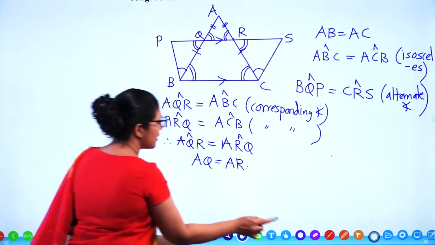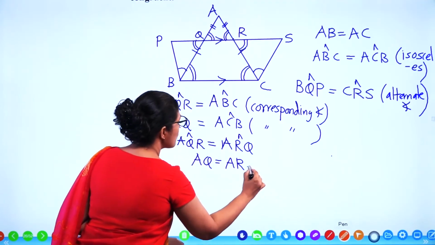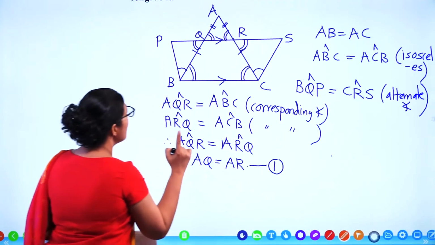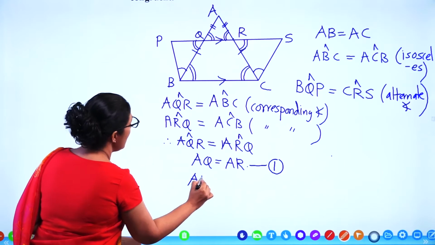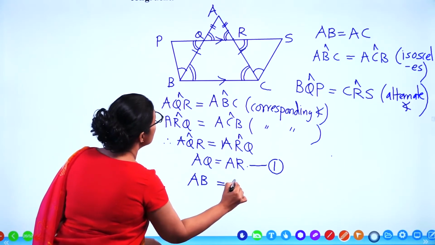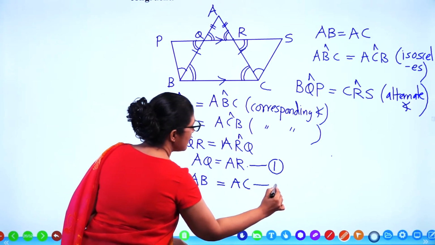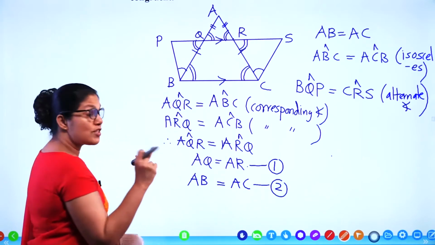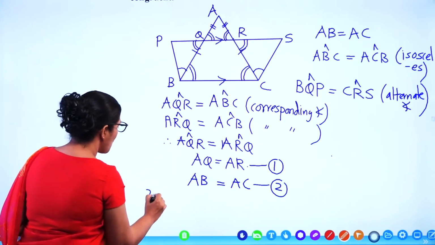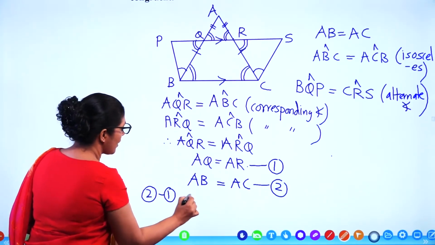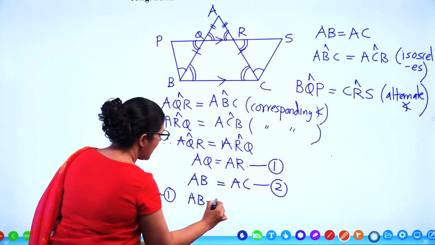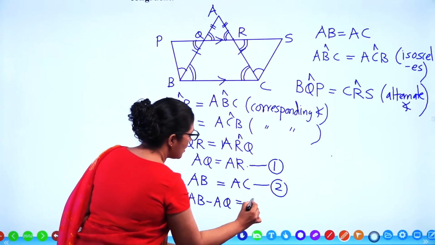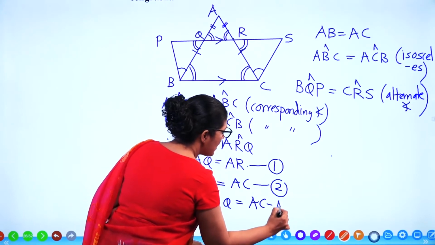Now we'll take, that's 1. But we know AB is equal to AC. That's the given information. Now we'll subtract. 2 minus 1. AB minus AQ is equal to AC minus AR.